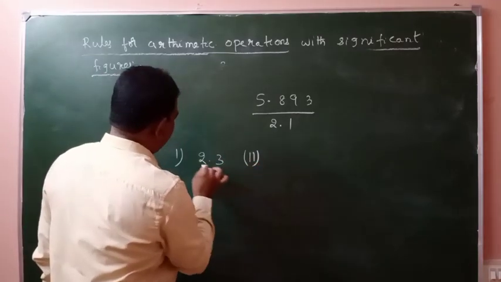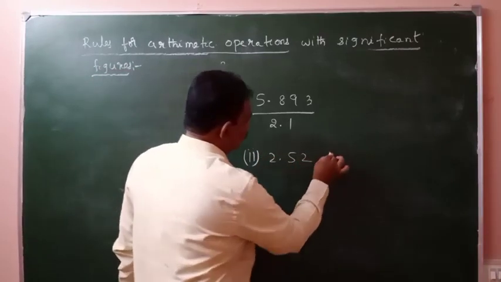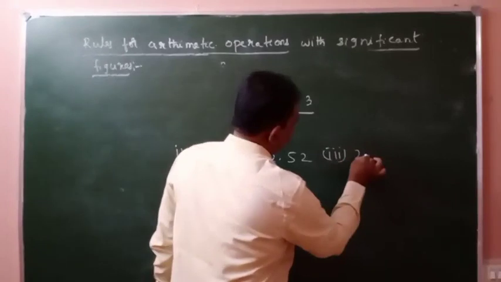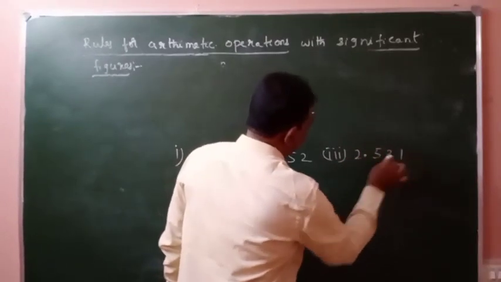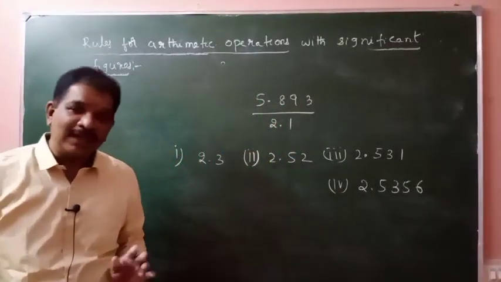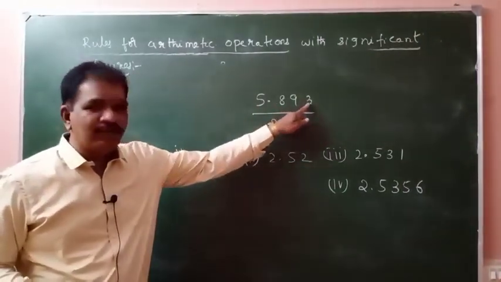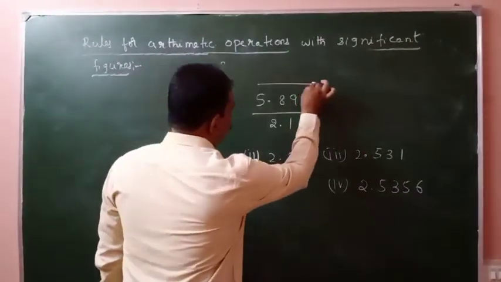Second option will be 2.52. Third option will be 2.531. Fourth option will be 2.5356. Something like that they give. What is the answer? So here this number will have how many significant figures? 4.